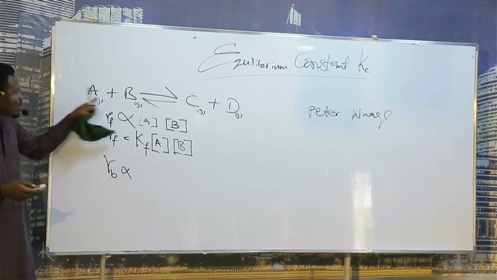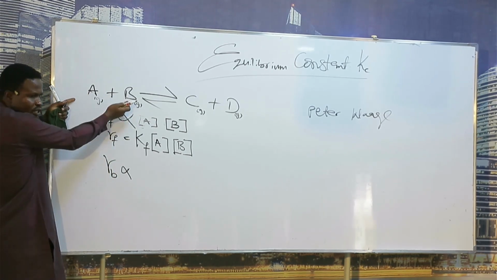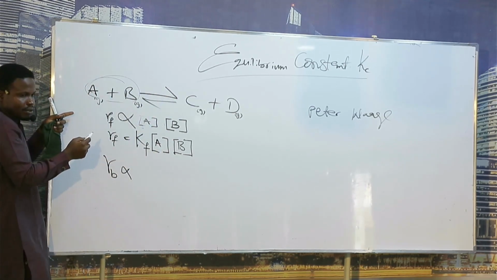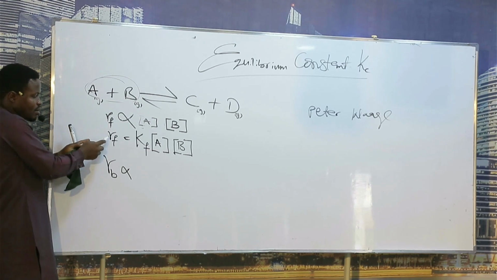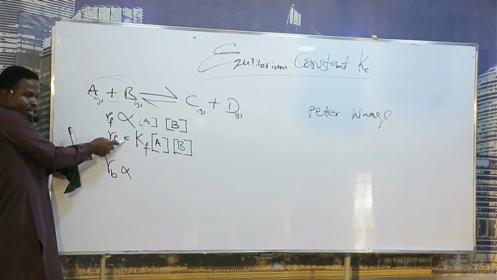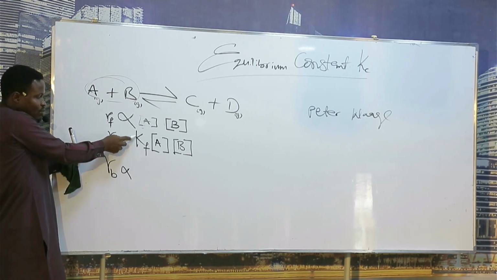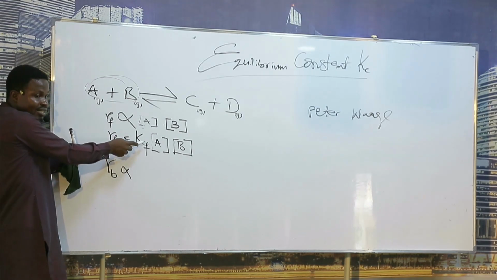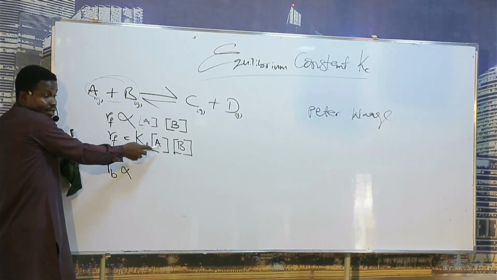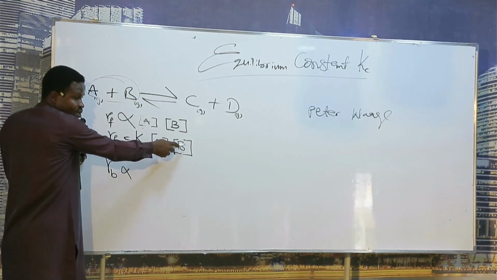A plus B will give us what? So these are the reactants. Now the rate of the forward reaction, I introduce a constant, Kf, which is the rate constant for the forward reaction, times A and B.